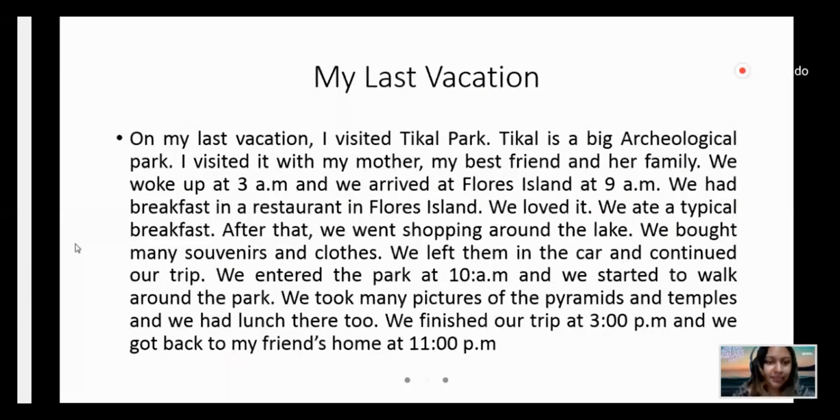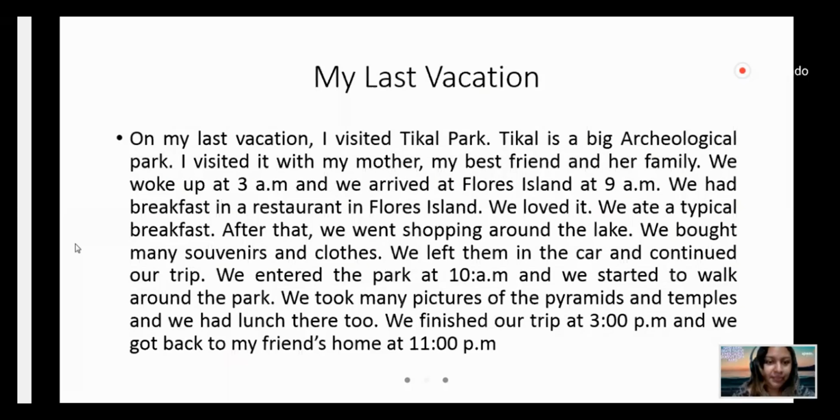Okay. We went to visit Guatemala City, and it was a wonderful place for us. We stayed in Guatemala 2 days.